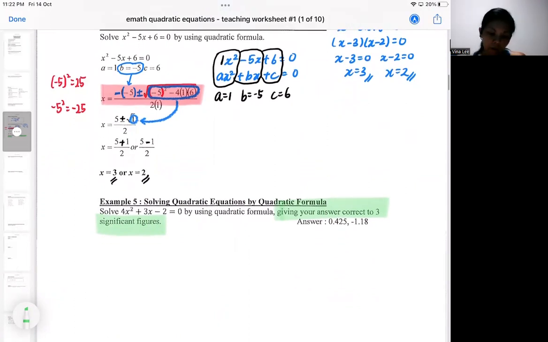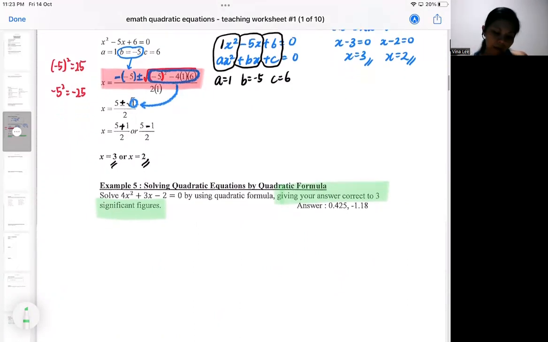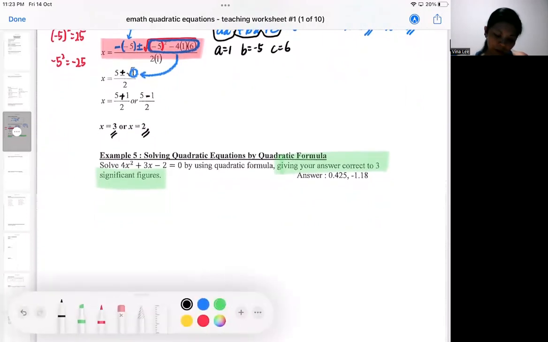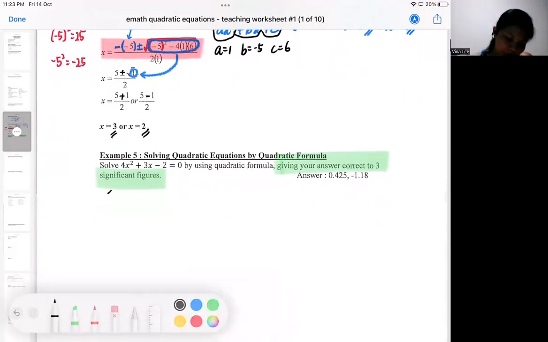The quadratic equations that don't give you a nice answer are the ones that cannot be factorized. So for example, in 5 here, if I see the instruction giving your answer correct to 3SF, then I'm going to guess that this equation cannot be factorized. That means the Sec 2 method is not a choice.